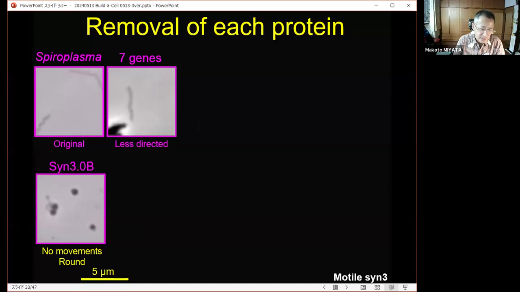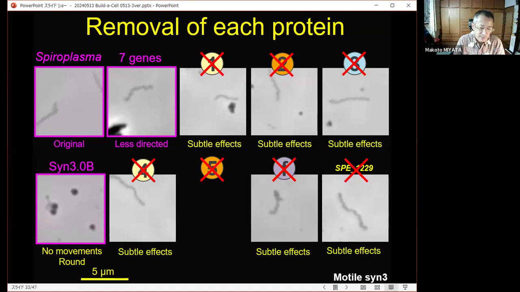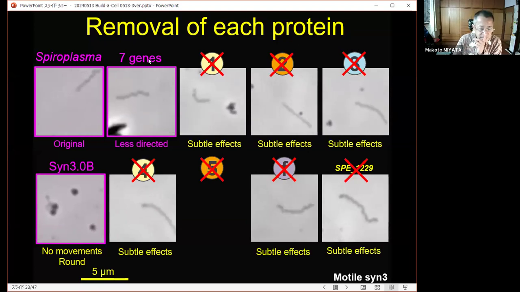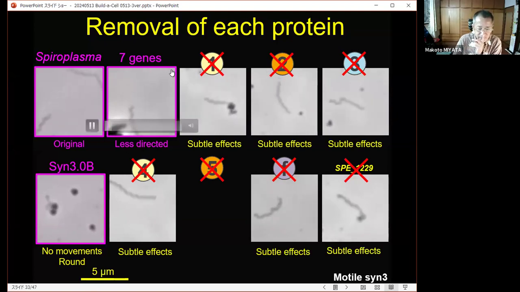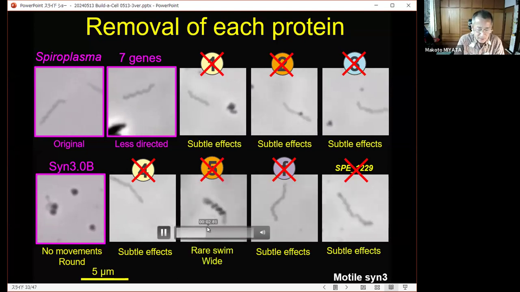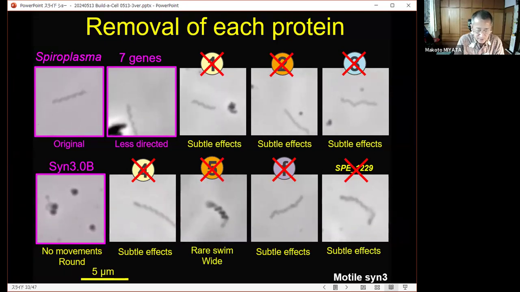We removed individual proteins, but unfortunately the cell appearance didn't differ from the normal 7 genes swimming SYN3. Only with 5, the helical dimension is obviously different from the 7 genes one, but still they were moving somehow.